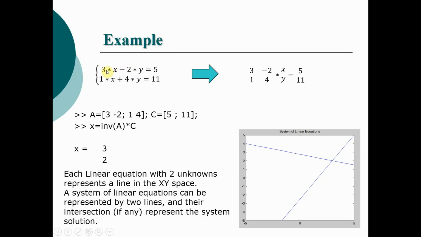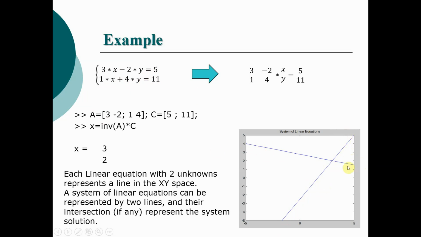Here we would have 3x minus 2y equal to 5. That's this equation, probably. And this one, 1x plus 4y equal to 11, should be this one, because this one has a positive slope, as you can see. This one has a negative slope, so this is how I can tell that this is the first one and this is the second one.